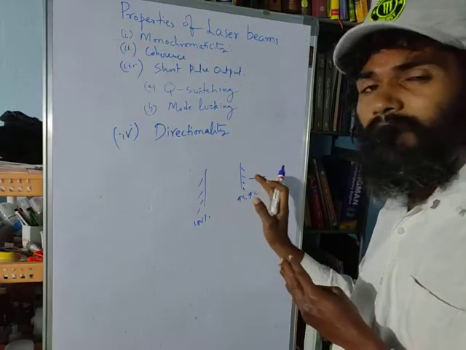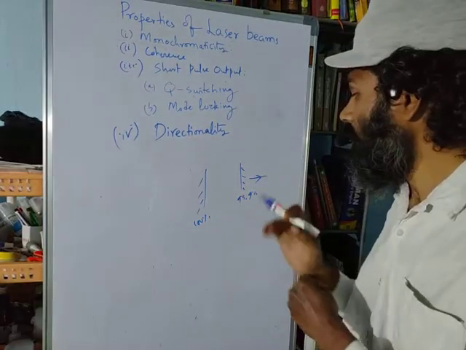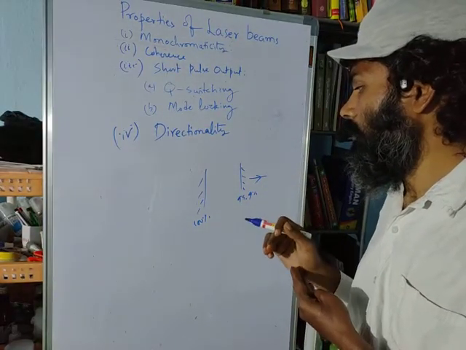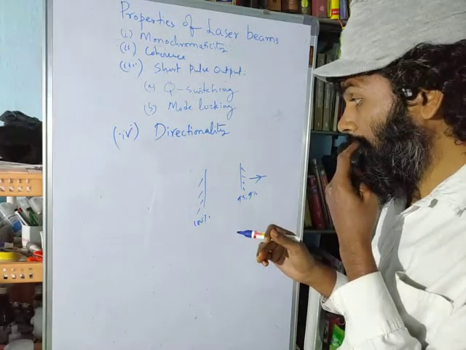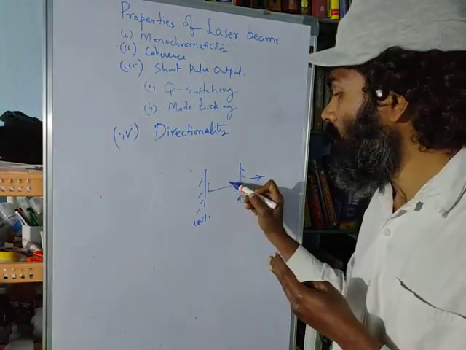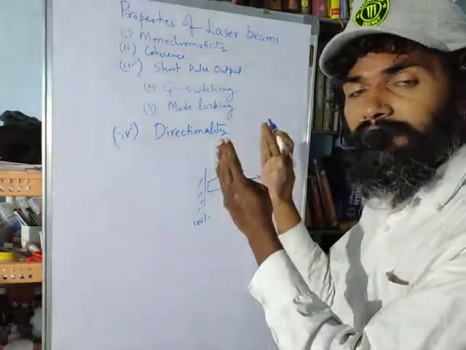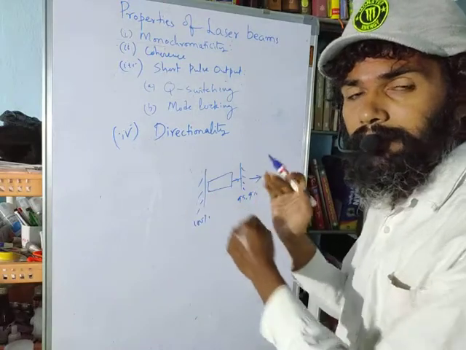So output comes always through this side of the laser, and it's directional because we only amplify the photons inside the active medium which are normal to the surfaces of these mirrors.